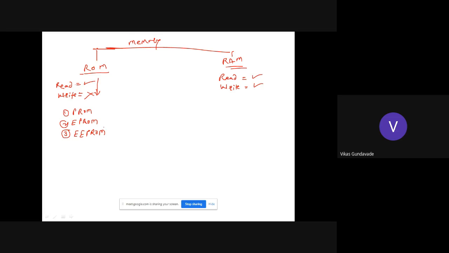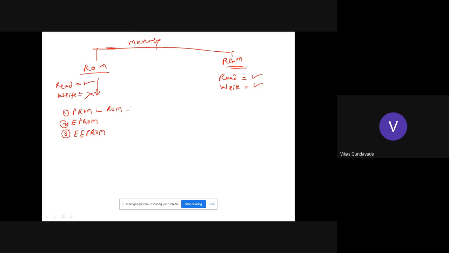Now this programmable read-only memory is also called ROM. If the memory is programmed first, then after programming it has fuses.